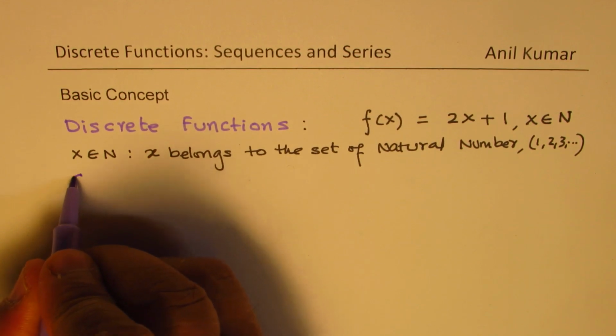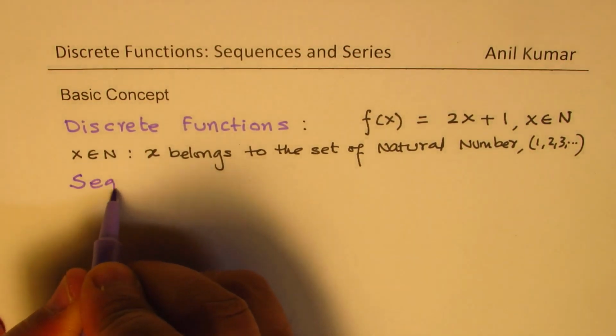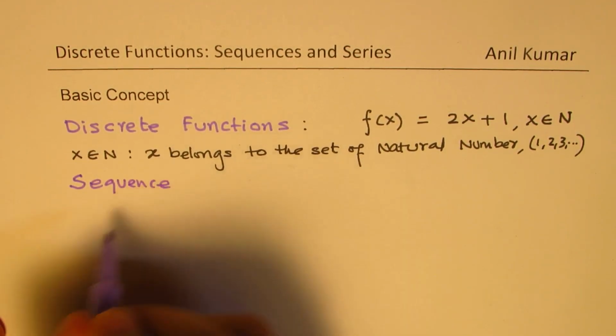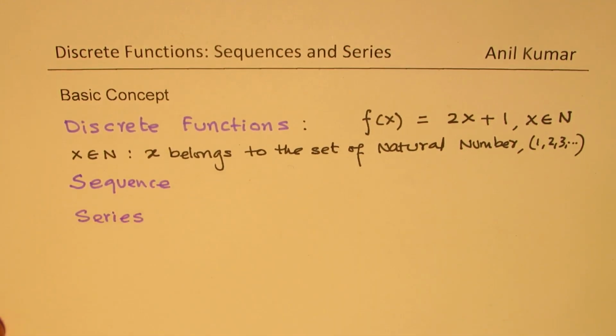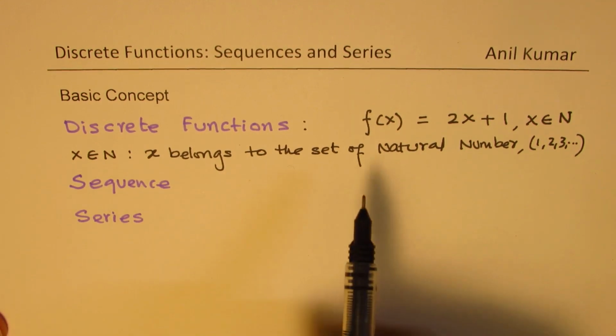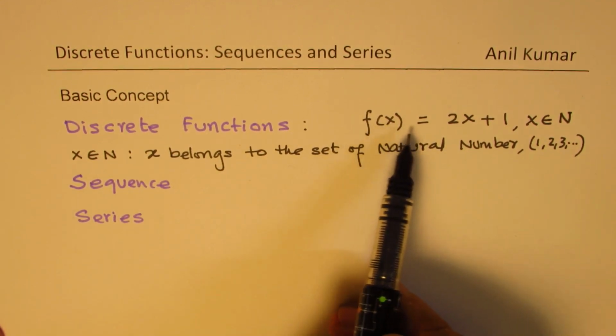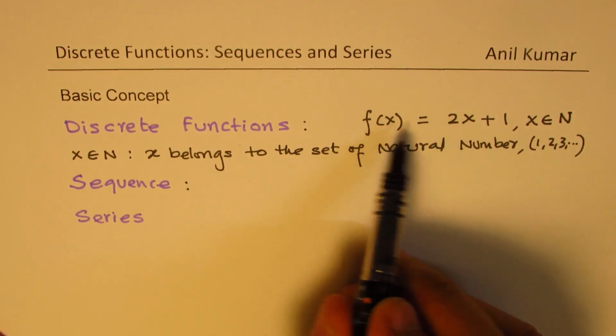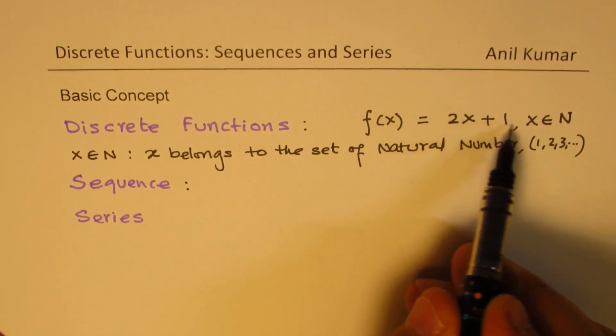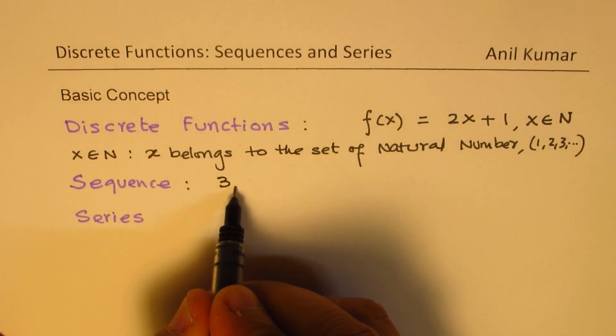Second part which you should understand is sequences and series. Now so many times both these terms are used together. Well, what is the difference between these two? That is kind of important to understand. So let's get back to our function. So if a sequence will be, if I put x as 1 in this case, I get 2 plus 1 which is 3.